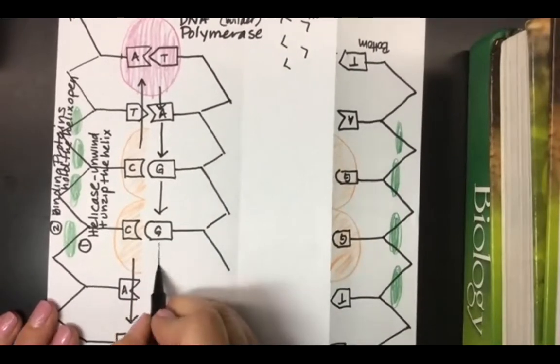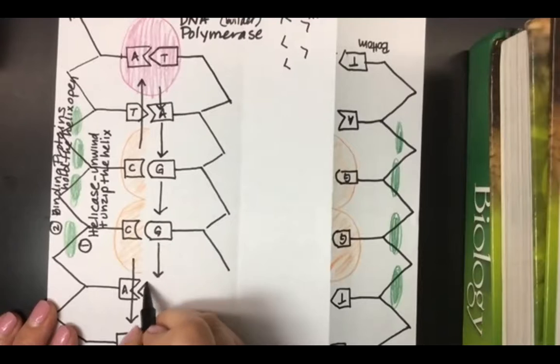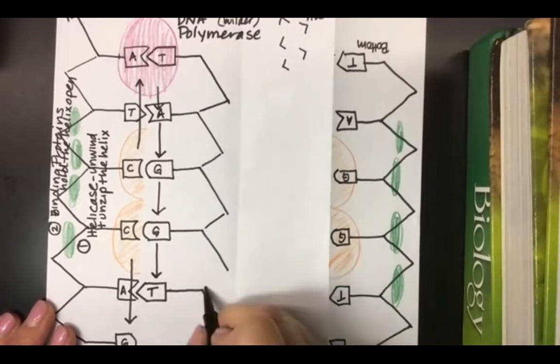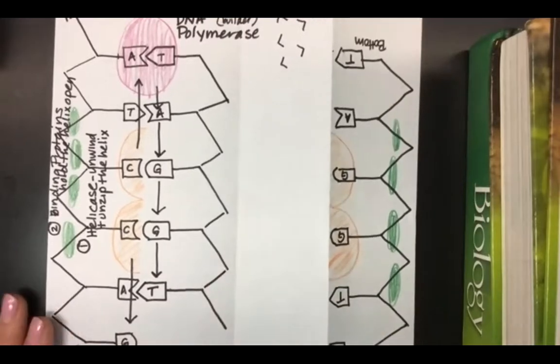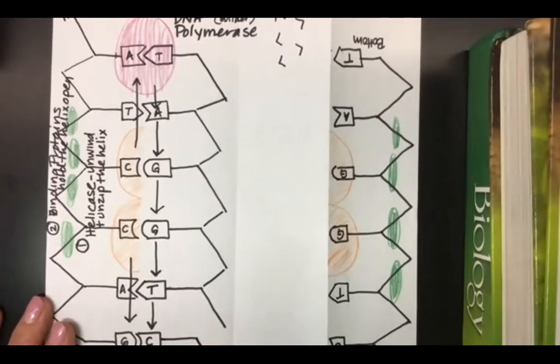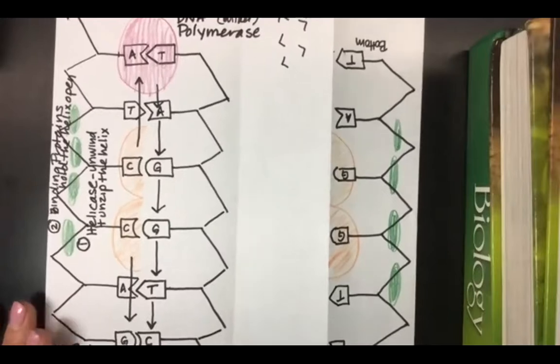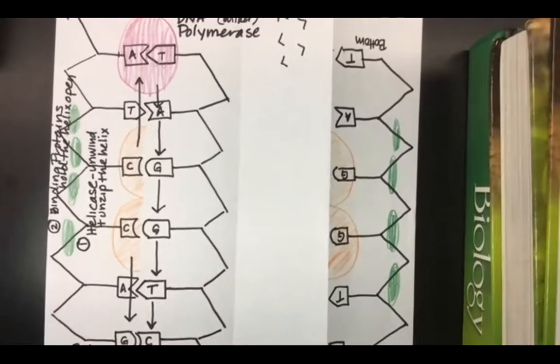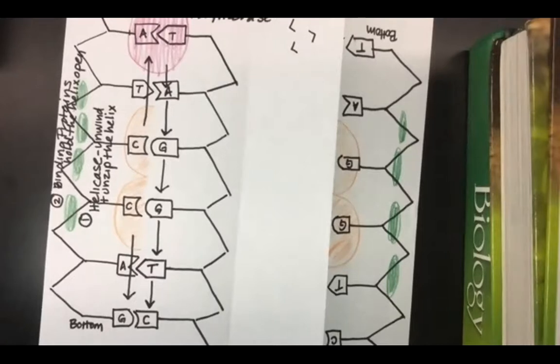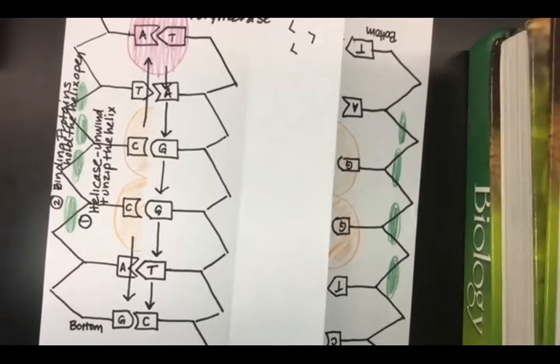And then it shifts down and puts in another complementary base, which is T. And it's going to create a covalent bond between them. And it's going to shift down again until it gets to the next one, which is G. And it is going to put that guy in place. And this is going to continue until it gets to the end. Right? It's going to continue until there's nothing to put in place anymore.